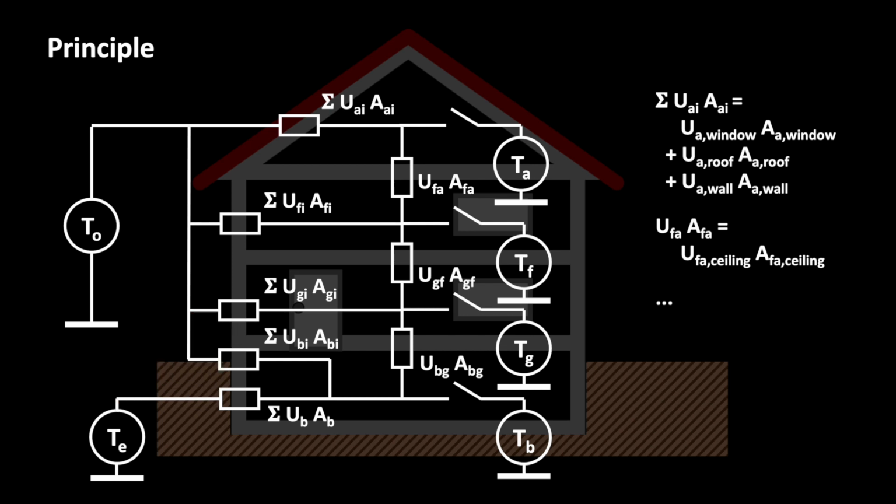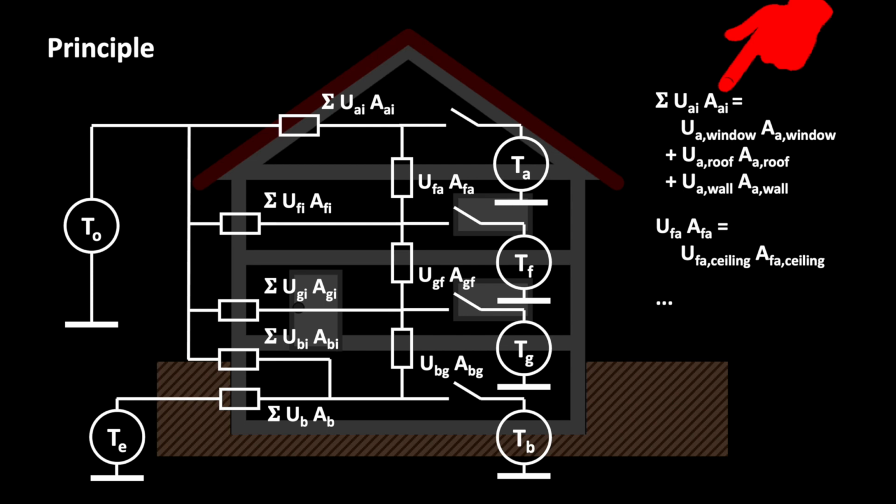On the right we have the temperatures on our 4 floors, TA, TF, TG and TB. The thermal conductivity values between the different rooms, the outside air and the ground, result from the individual thermal conductivity coefficients UA and the size of the boundary surfaces A.